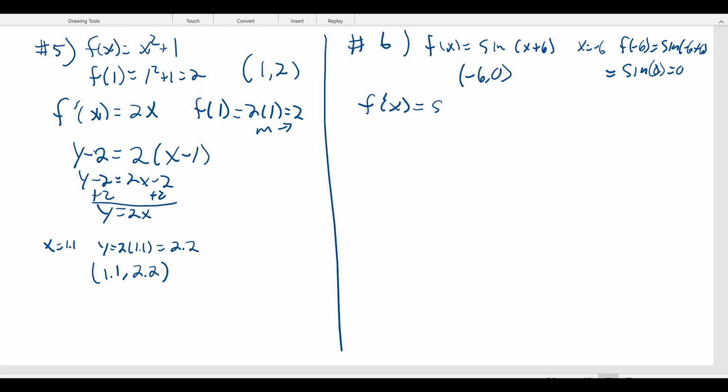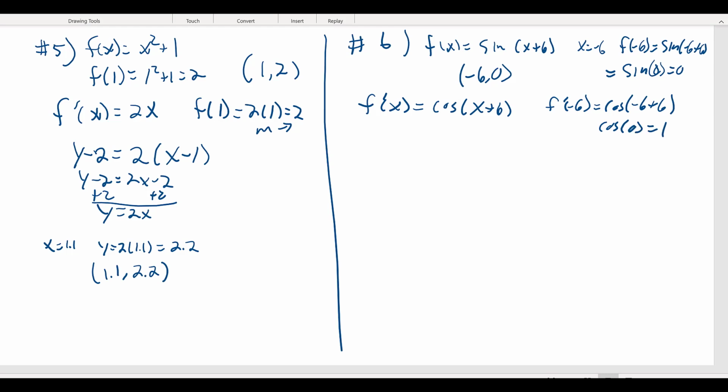The derivative of sine is cosine, so it's cosine of x plus 6. The derivative of x plus 6 is just 1, so I don't have to worry about the chain rule here. So we look at that derivative at -6: cosine of -6 plus 6, or cosine of 0, which is 1.